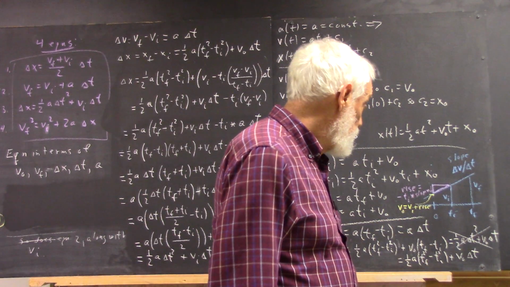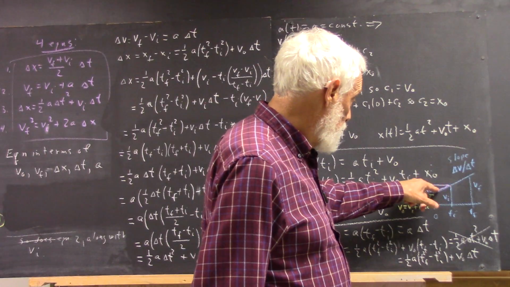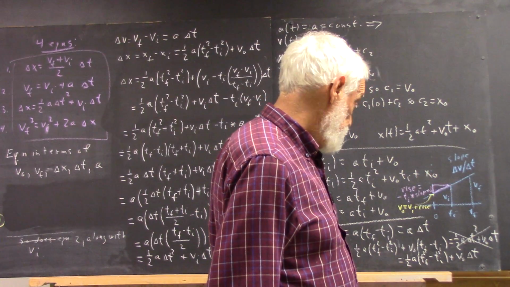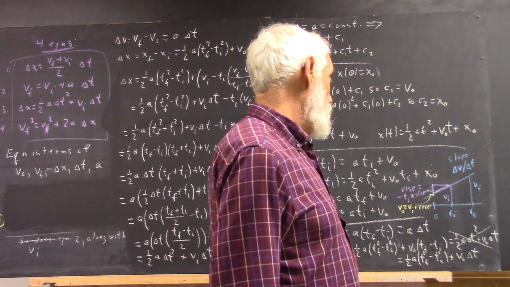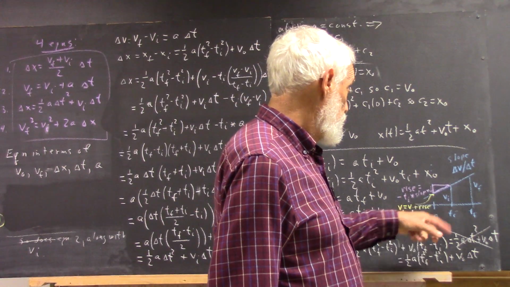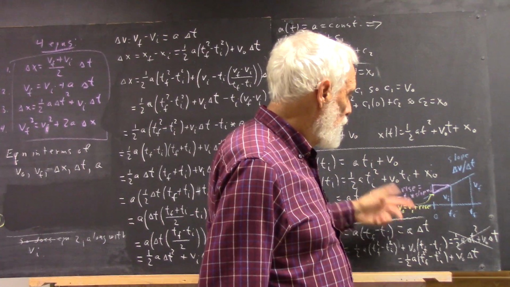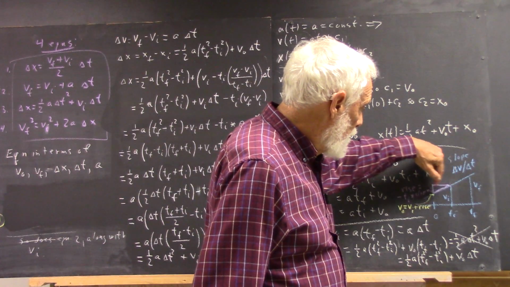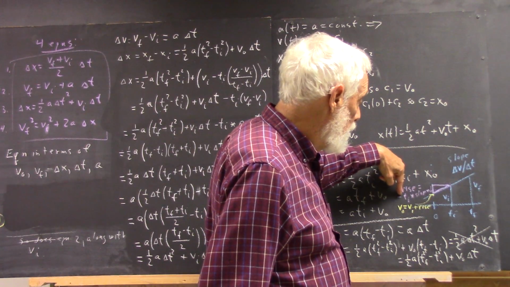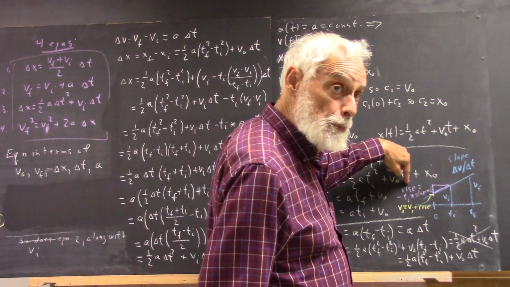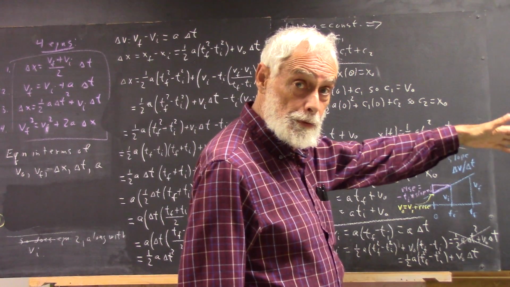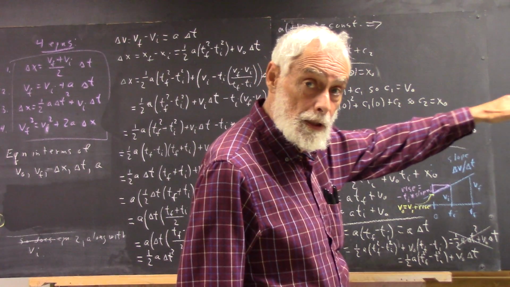Now, the rise of this trapezoid as we go from here to here, we calculate the rise. The run is from ti to 0, that's negative ti. We multiply the run by the slope and we get the rise. Rise over run equals slope, so rise equals slope times run.